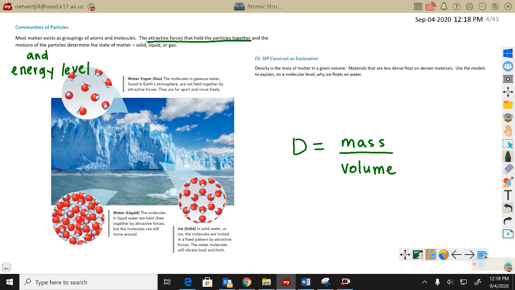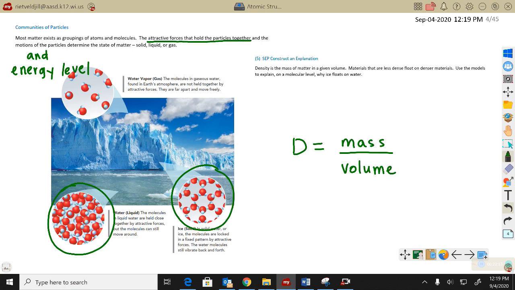And so it says, use the models to explain on a molecular level why ice, solid water, actually floats in liquid water. And so if it floats, then there must be something about this versus this that's not maybe normal for a given substance.